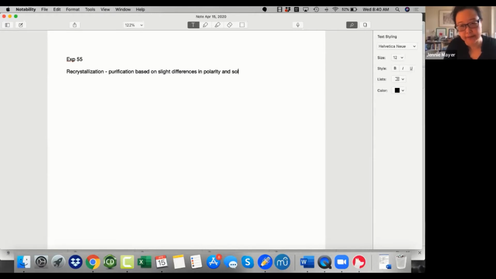Of course, polarity and solubility are closely tied together, right? If something is pretty polar, it's going to be pretty soluble in something that's polar. Like dissolves like. So usually what we're talking about is having two compounds where they may look very similar to each other, but they are a little bit different.